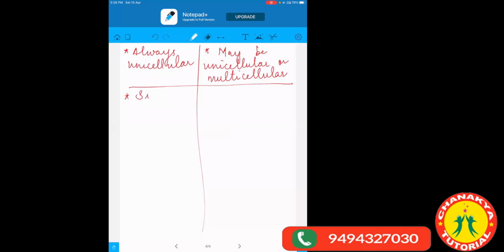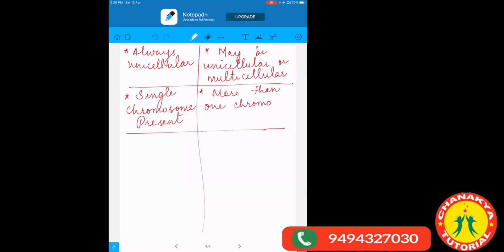Whereas in the prokaryotic they will always have a single chromosome present, whereas in the eukaryotic like us, they have more than one chromosome present.